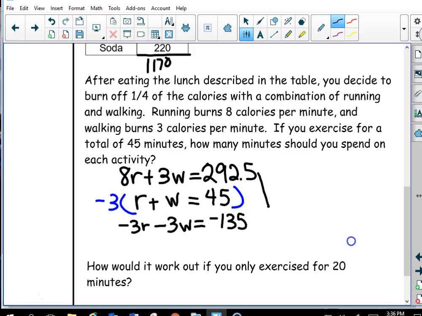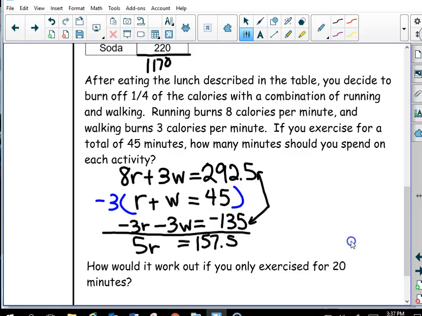So I'm going to combine these two equations. 8R minus 3R gives me 5R. The W's cancel just like I wanted them to. And then 292.5 minus 135 gives me 157.5.